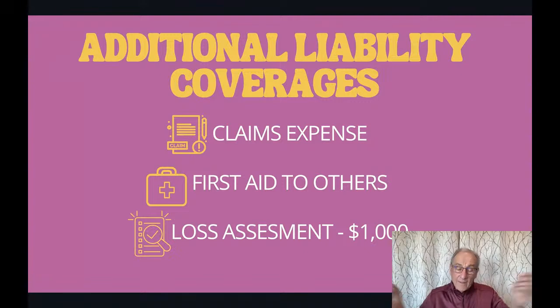You live in an area that has a homeowners association, and because repairs have to be made to the association's facility, they assess everyone that lives there an extra charge, a loss assessment. They will pay loss assessments up to $1,000 on your homeowners policy. So you've got claims expenses, first aid to others, loss assessment.